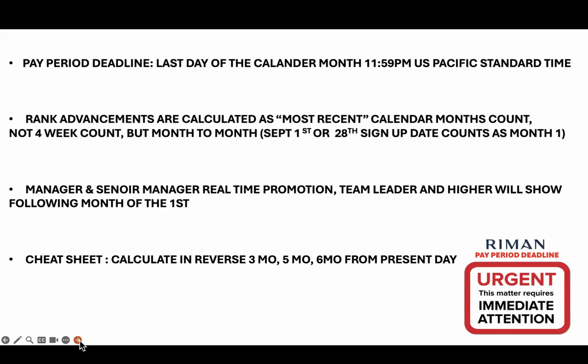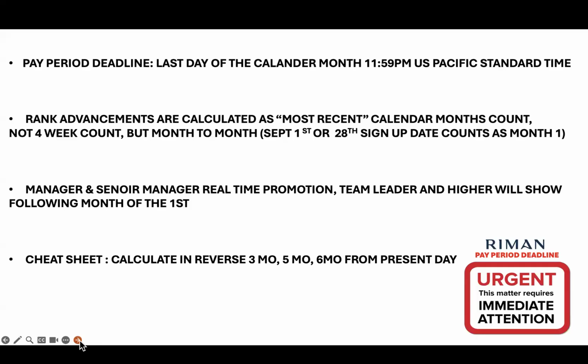Okay. So when you first get started, obviously you're a planner. The next position is manager and then senior manager. So manager and senior manager get promoted real time. So let's just say you get the job done. On the next update, you will be promoted in real time, as long as you have met the qualification.